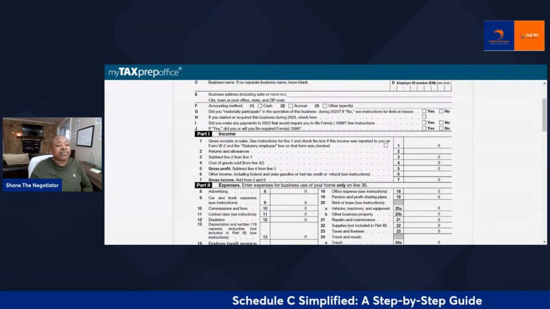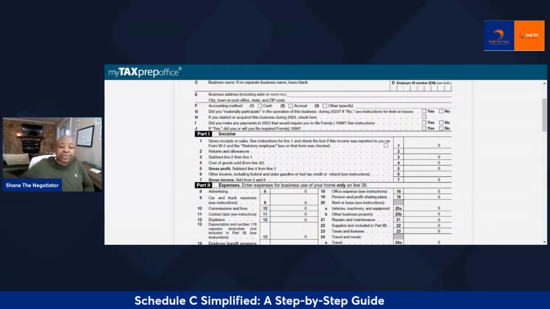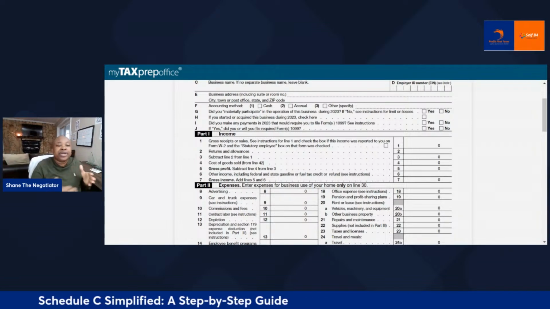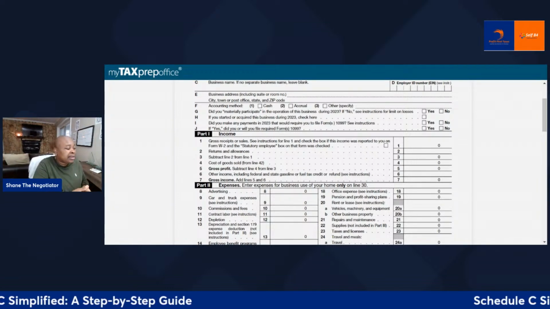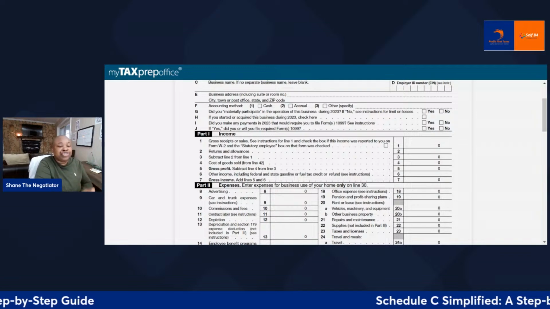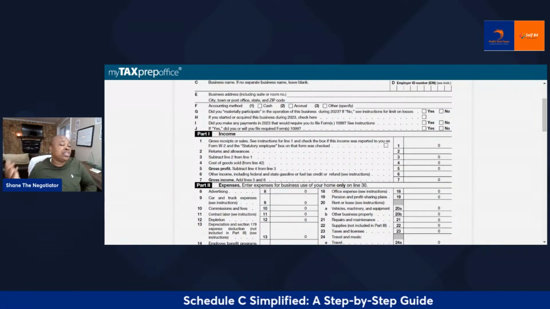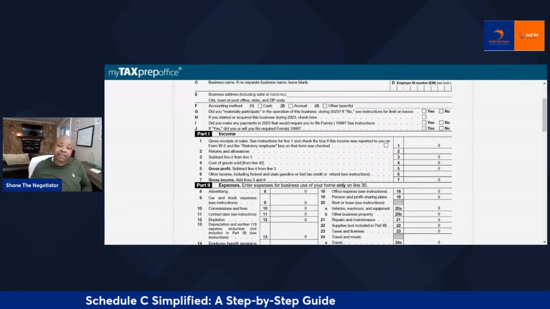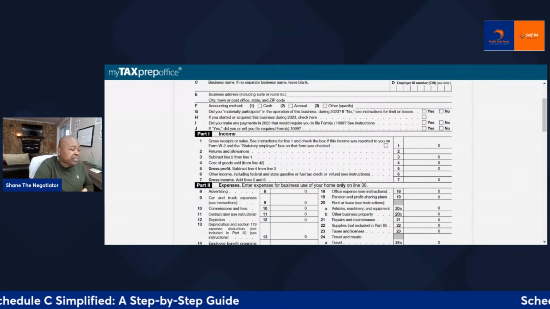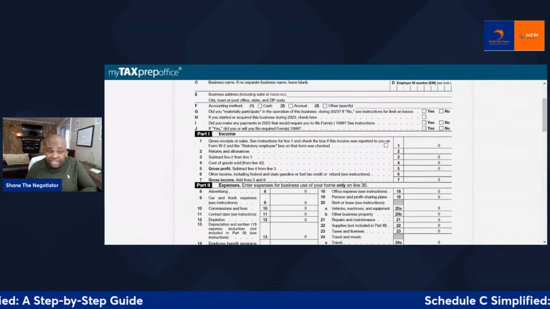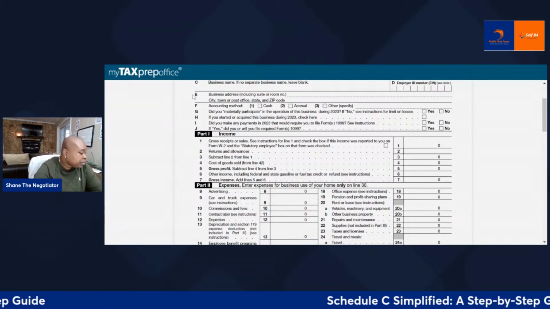Accrual means you can invoice someone and they pay you next year sometime, but you still report it at the time that you provided the service. With accrual, you can report that even if you didn't actually receive the payment yet. It can be a future date, but you can still report it for this particular year, or you can defer it to the next year, whichever one.